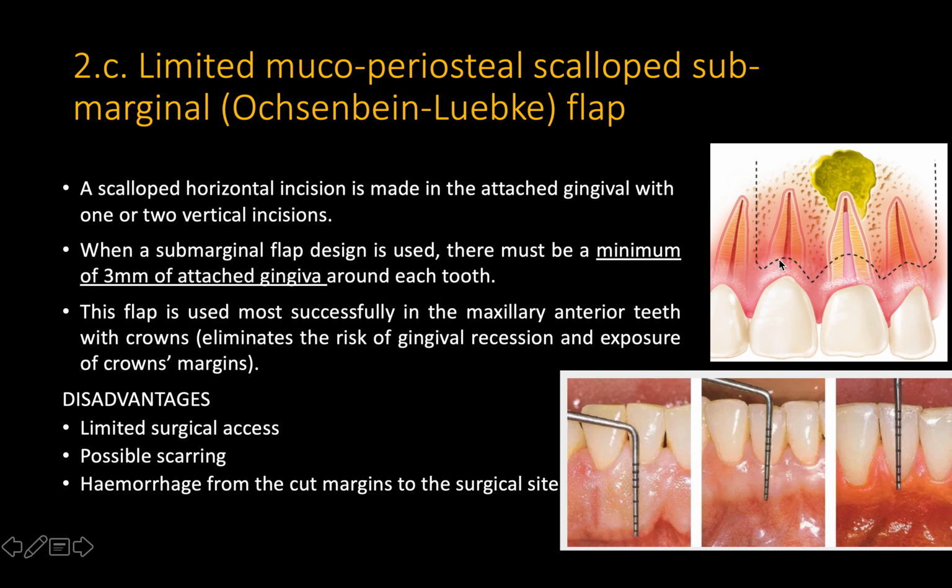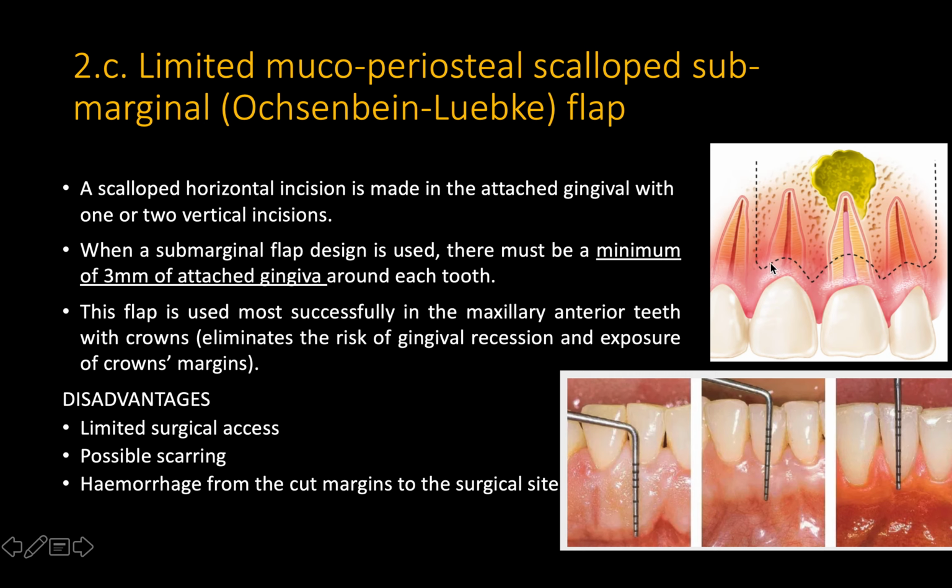So if we place our horizontal incision as a horizontal line, and we don't follow the contours of the teeth, then this will produce a visible or obvious scar, while if we do it in a scalloped manner, this will produce a minimal scar and it will not be that obvious.